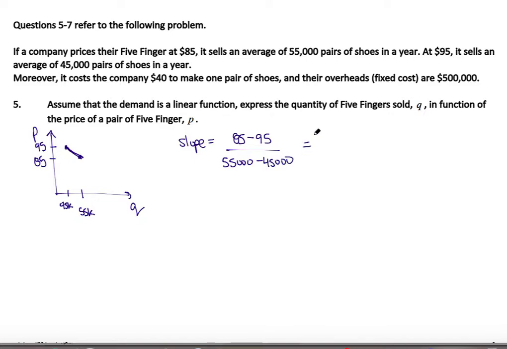And so if I plug in this slope, I have negative 10 over 10,000, which is a very small number. It is a thousandth, so it's negative 0.001. And that's my slope. So my PQ function would be something like P equals negative 0.001.